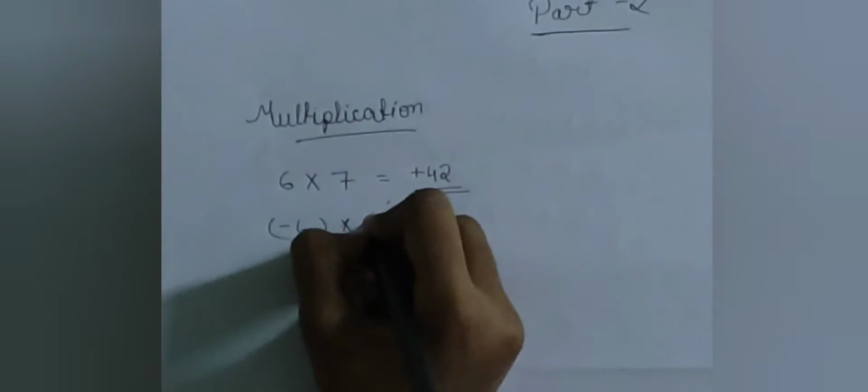When we multiply any two negative integers, for example, negative 6 into negative 7 is equal to 6 into 7, 42. Here we have two negative integers. So, when we have any two negative integers, their product is positive. So, negative 6 into negative 7, the answer is positive 42.